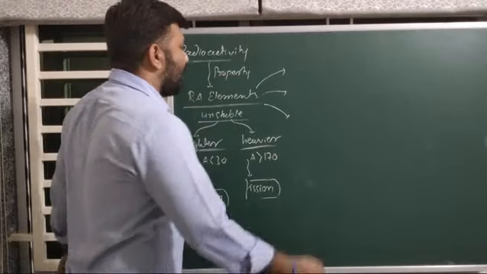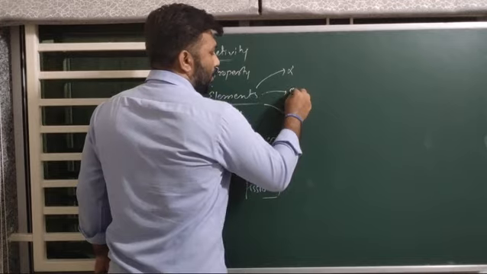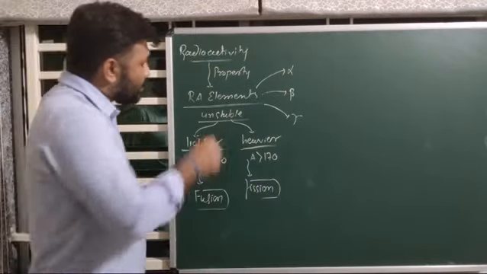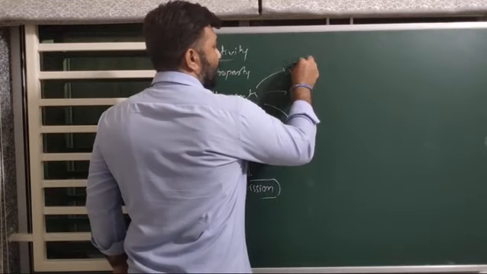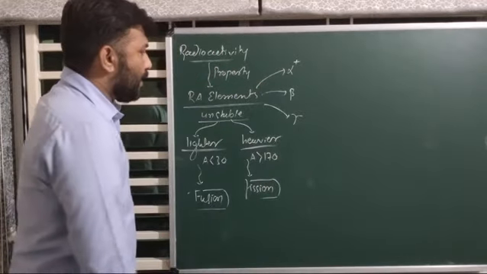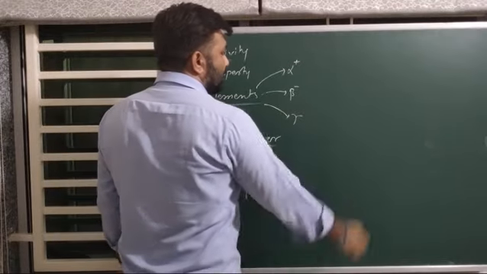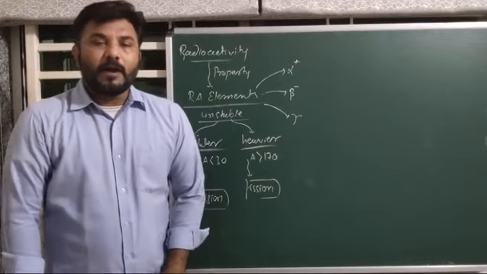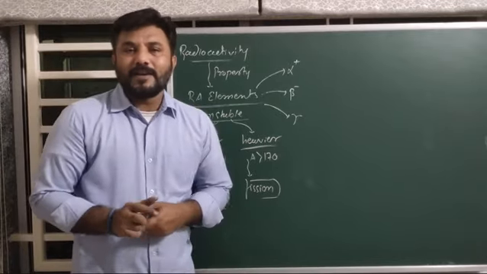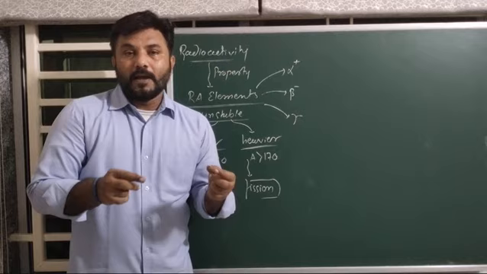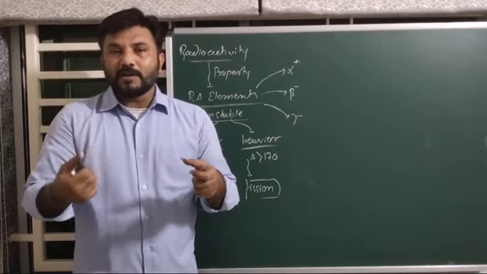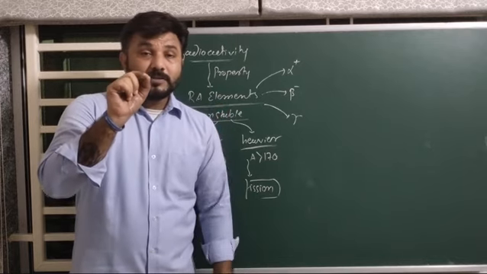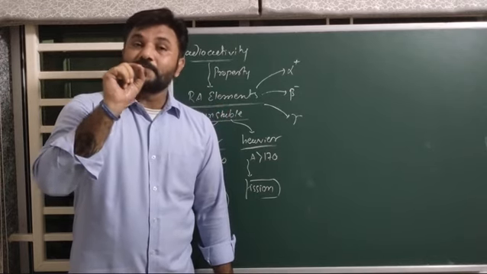Which types of radiations are there? Alpha, beta, and gamma. You know that alpha is positively charged, so obviously they come from protons. Beta is negatively charged, meaning they come from electrons. During that lab class, Aryan and a few students asked me the question, okay, electrons are coming out from the nucleus? There was such a statement in our textbook, but you just read that sentence properly.